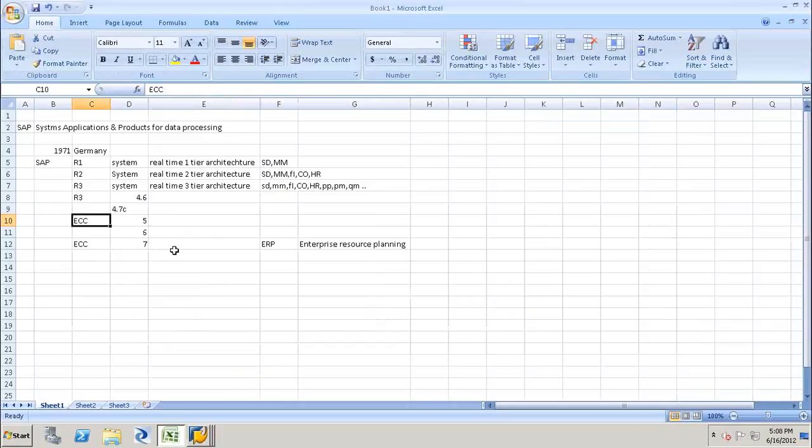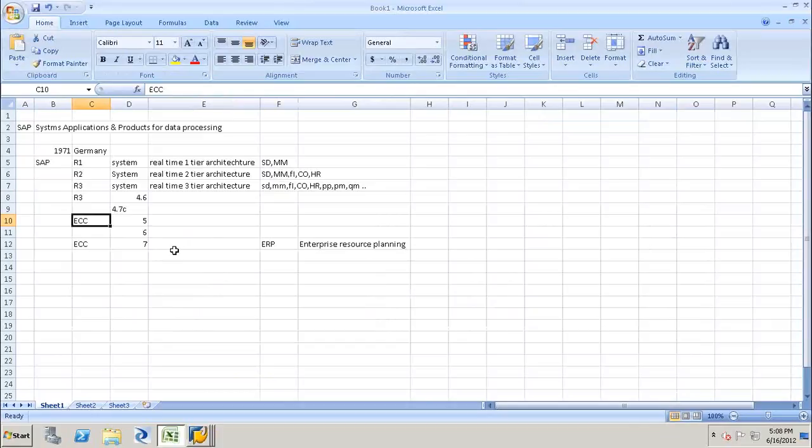So they want to automate their business transactions using SAP ECC. So once SAP ECC has been implemented, then customers are going to use the SAP ECC system to perform their day-to-day transactions. So whatever their old process, whatever they were following, they are not going to use it anymore.